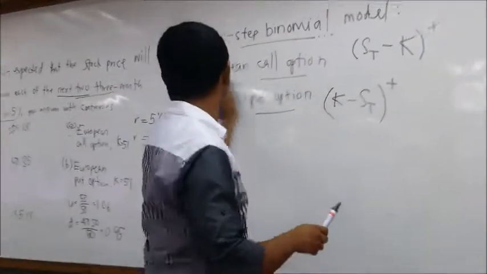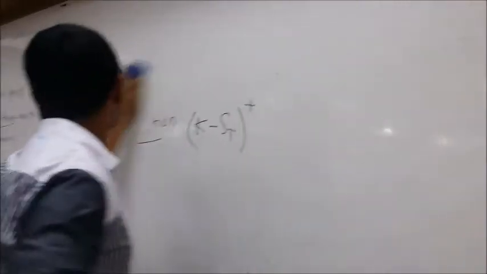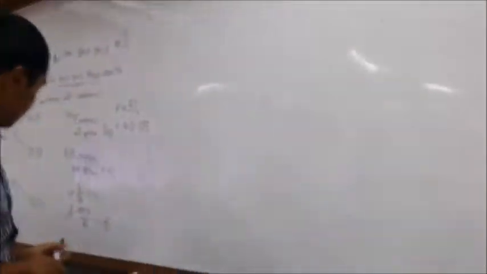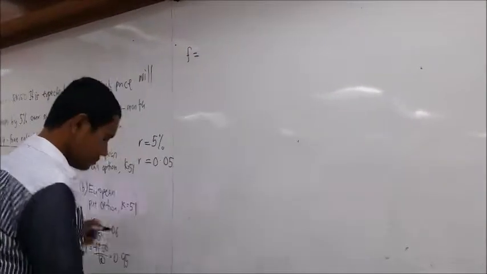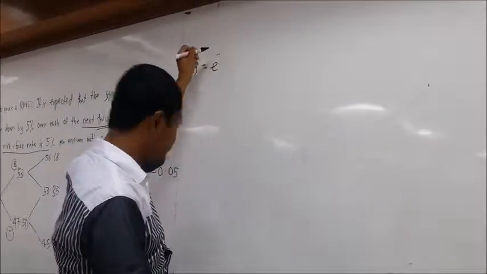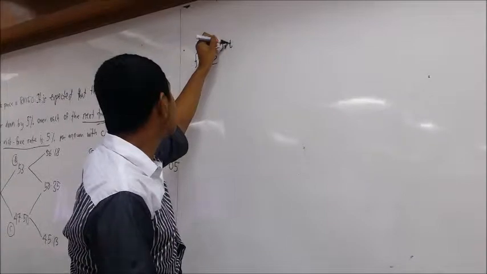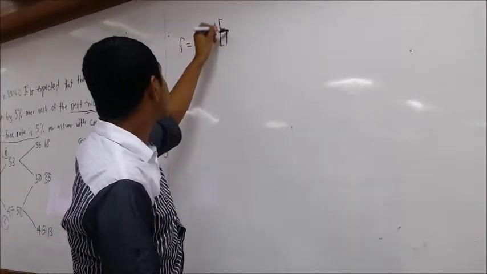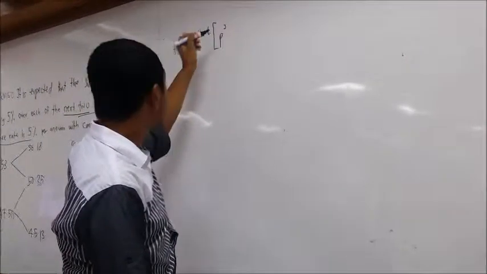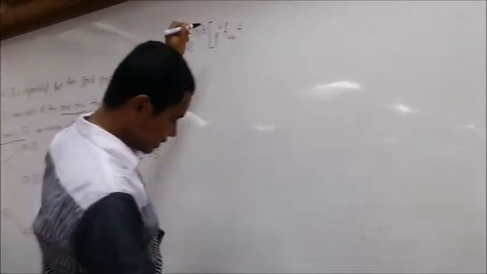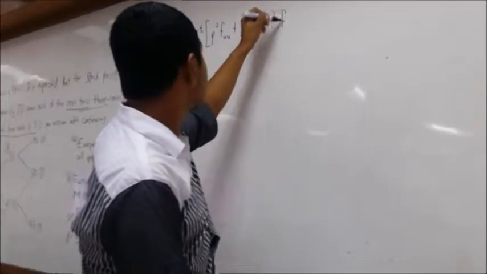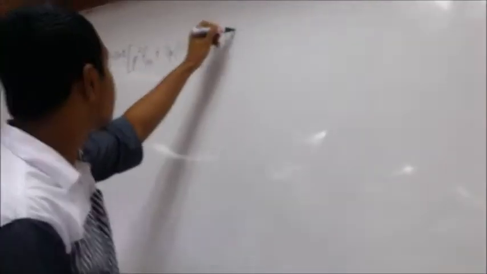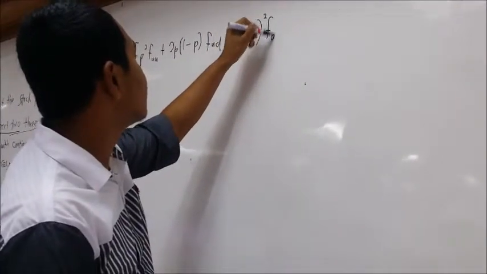First, directly, which is f equals e to the power negative 2rt, times (p squared f_uu plus 2p(1 minus p) f_ud plus (1 minus p) squared f_dd).